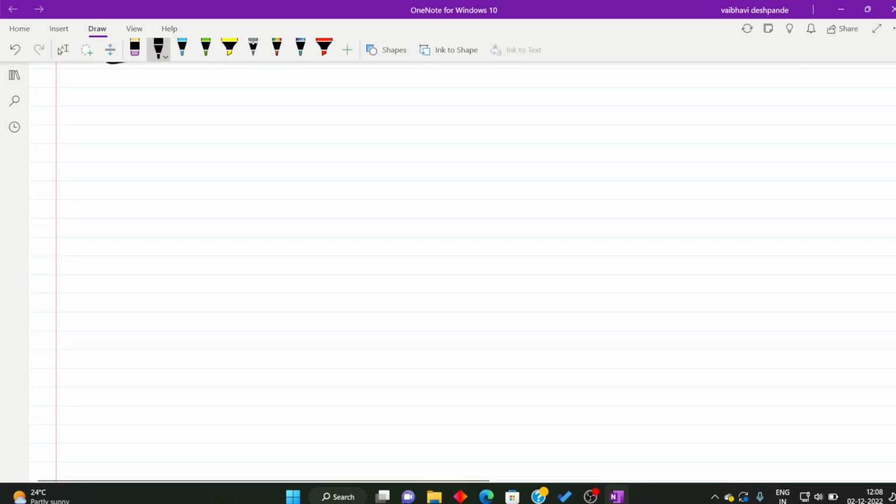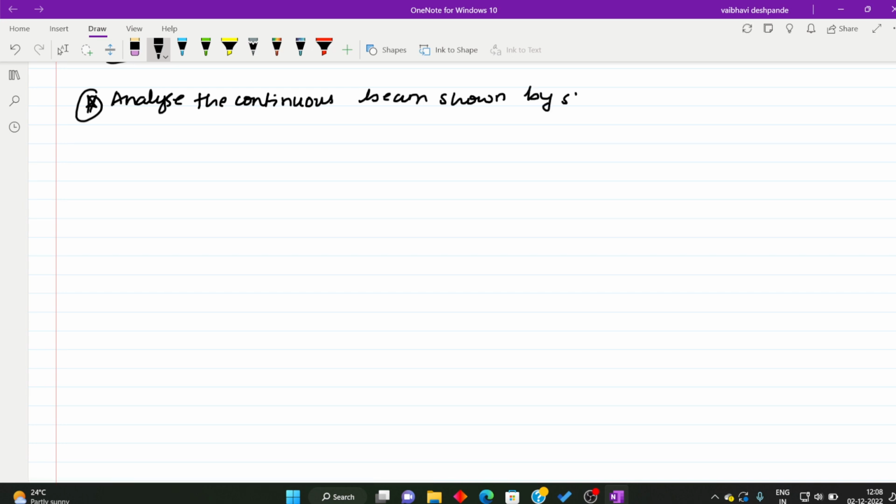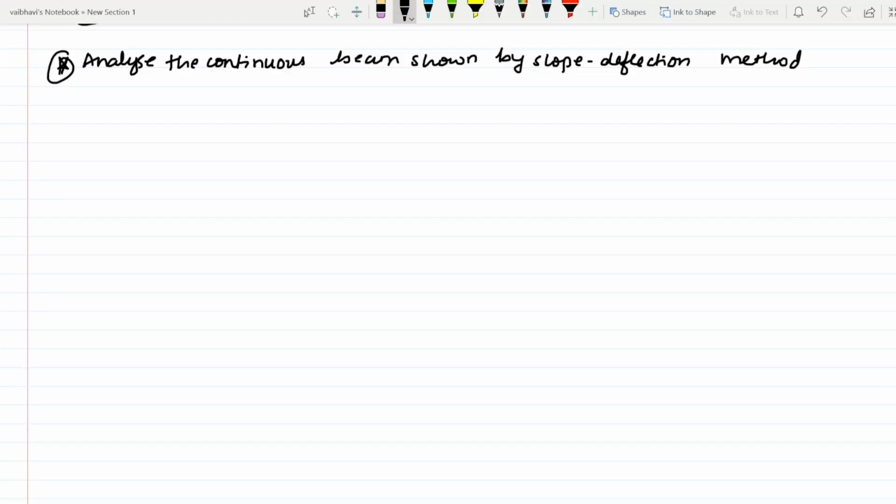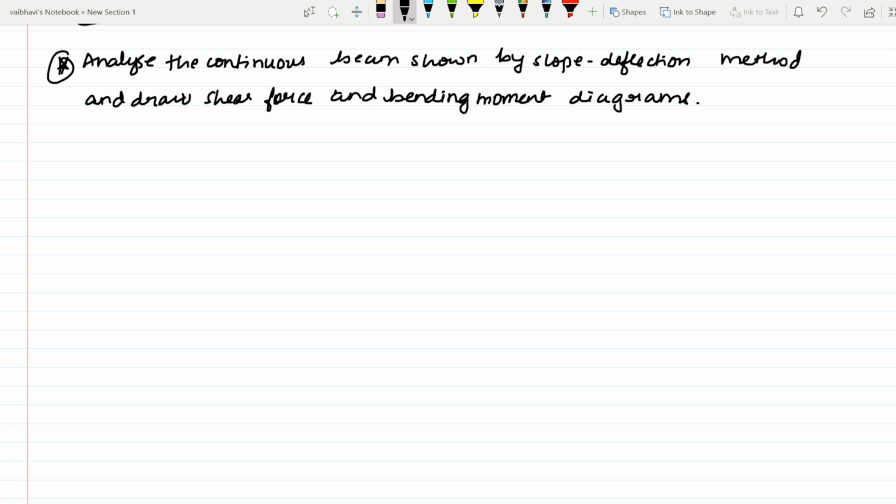Let us consider here: analyze the continuous beam shown by the slope deflection method and draw shear force and bending moment diagrams.